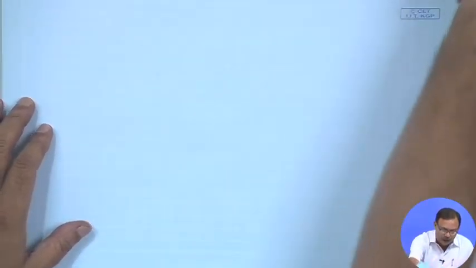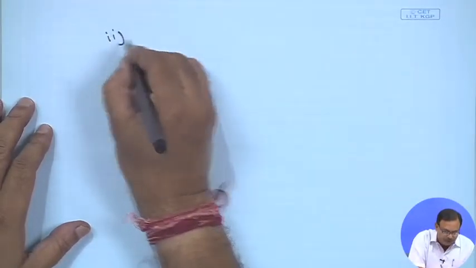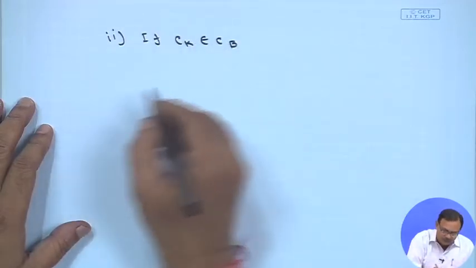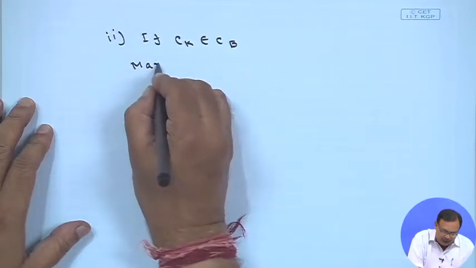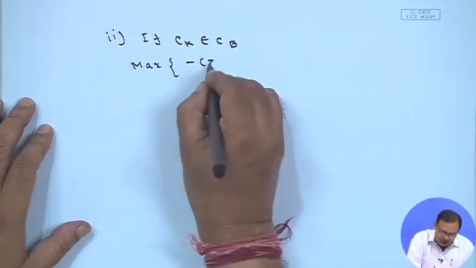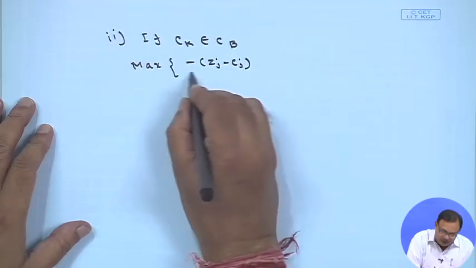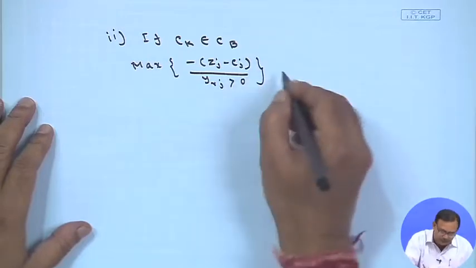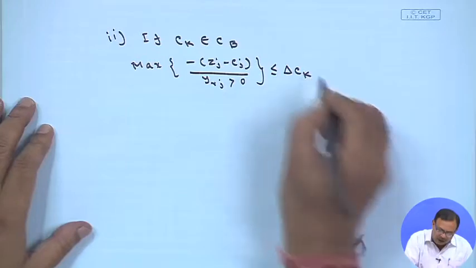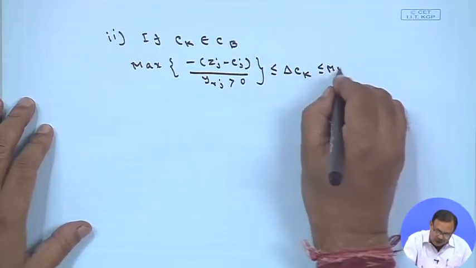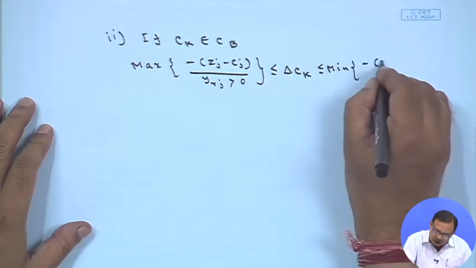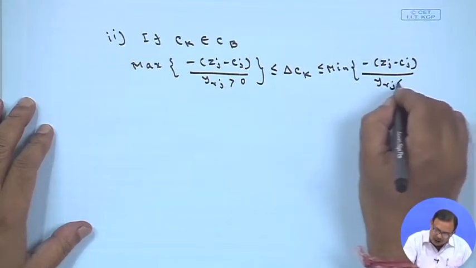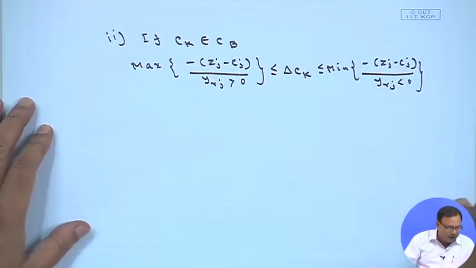And number 2 is, if Ck belongs to Cb, and if this is true, maximum of minus (Zj minus Cj) divided by Yrj, where Yrj is greater than 0, is less than or equal to delta Ck, which is less than or equal to minimum of minus (Zj minus Cj) divided by Yrj, where Yrj is less than 0.